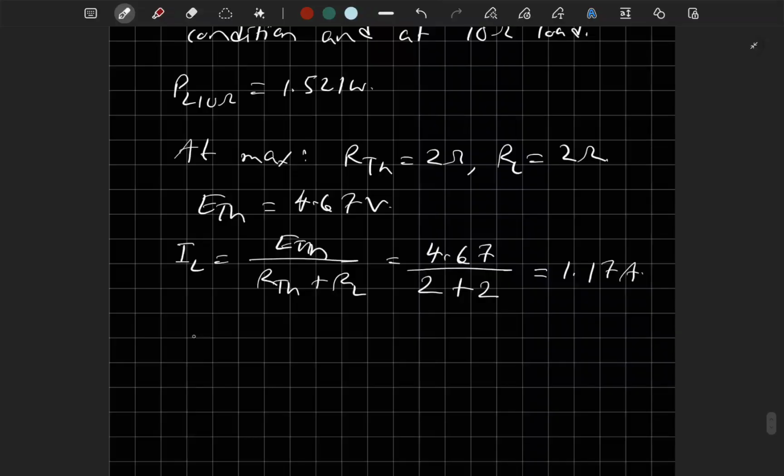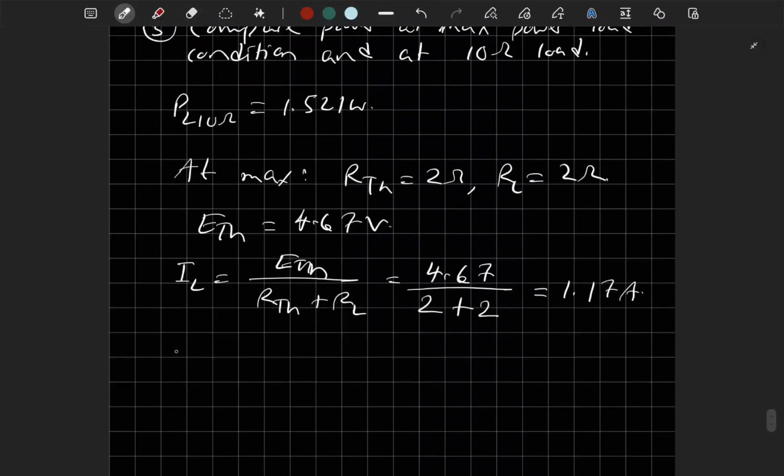And so PL max equals IL squared multiplied by RL again. IL squared is 1.17 squared multiplied by RL, which is 2 ohms here.